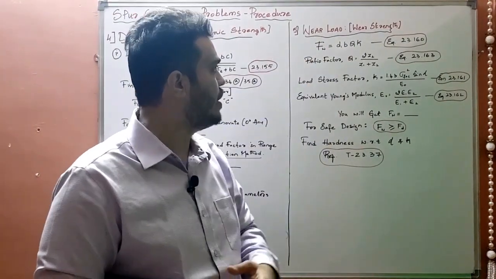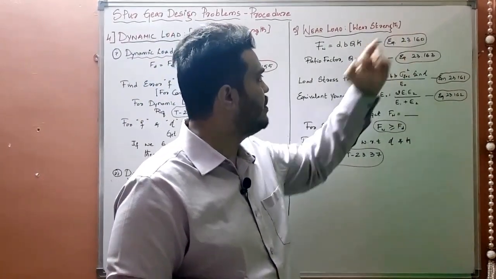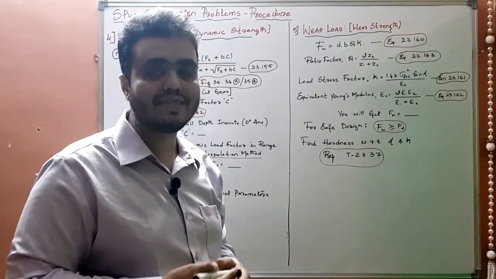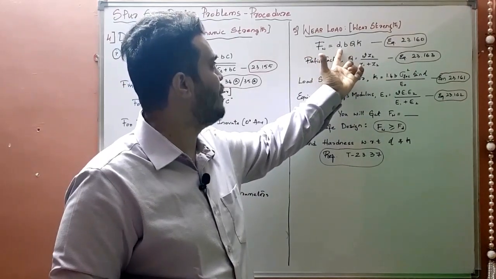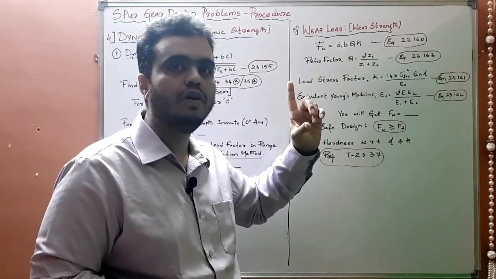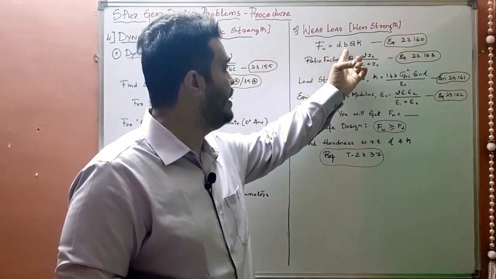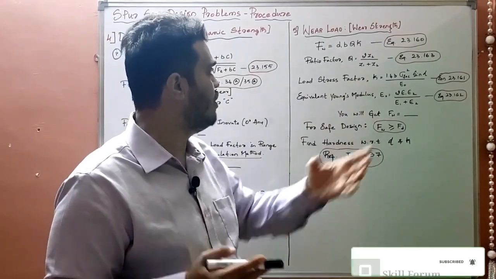So we have an equation Fw is equal to d1bqk. For that we have equation 23.160 that you will get in the design data handbook. As I told you, analyze each parameter. D1 you already have, as I told you in the beginning itself. B, the face width, you don't need to find out, you already have it.